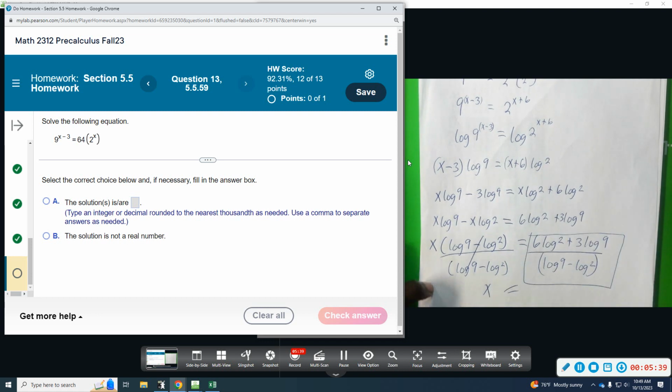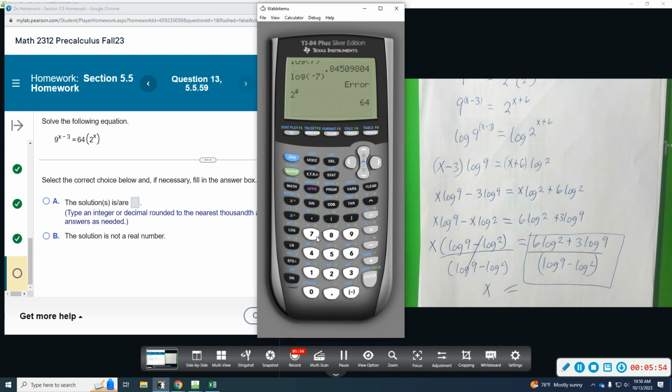And this I'm going to plug in the calculator. Round to the nearest thousandth, so I'm going to round to 3 decimal places. So just be careful. You're going to put the whole numerator in parentheses and the whole denominator in parentheses when you type it in the calculator. So I'm going to open parentheses. I'm going to do 6 log 2, close the log so it knows that's done, plus 3 log 9.